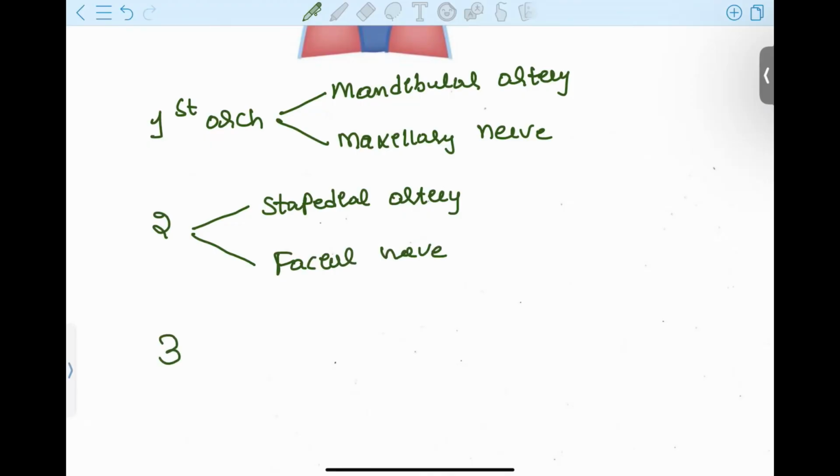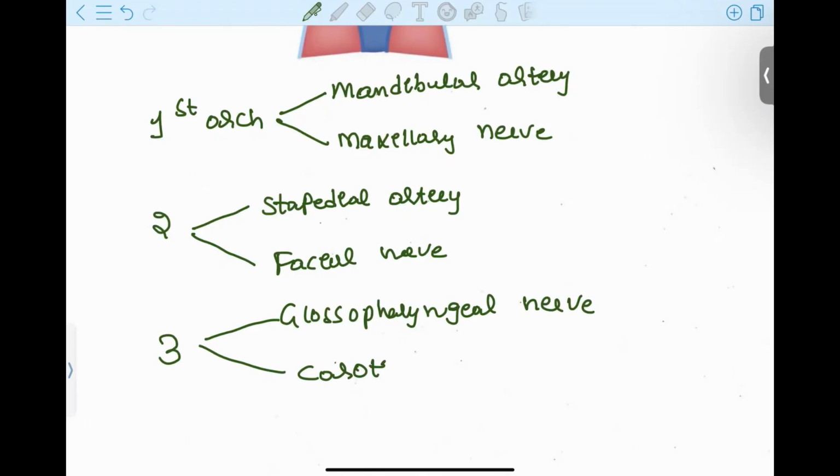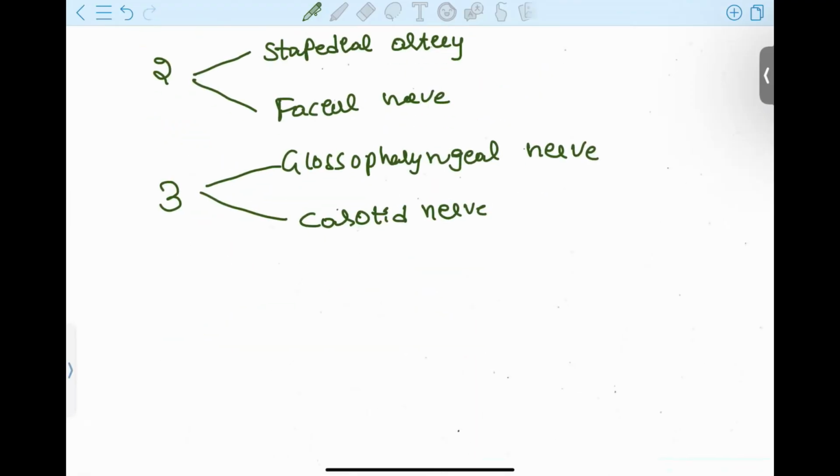And the third arch is going to be for the glossopharyngeal nerve and for your carotid arteries. So the structures in the neck region are derived from the third arch. The fourth arch is going to give the arch of the aorta, and the nerve is the superior laryngeal nerve.